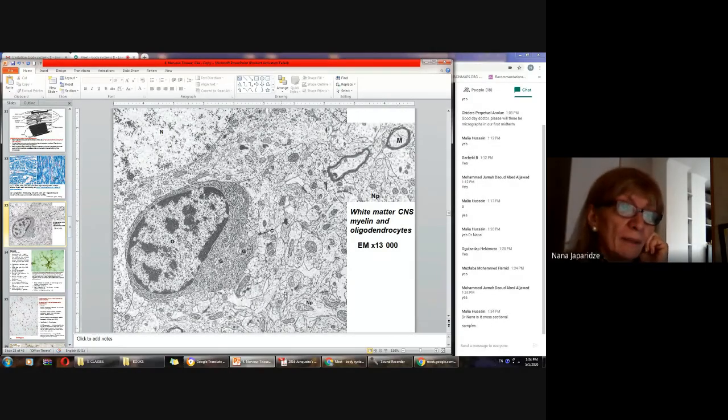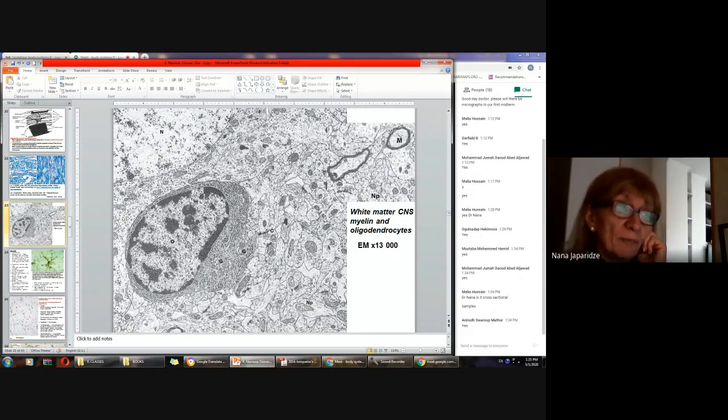Yes, for example, this profile here, they are cross-sectional. This, for example, profile of myelinated axons, they are more obliquely sectioned.